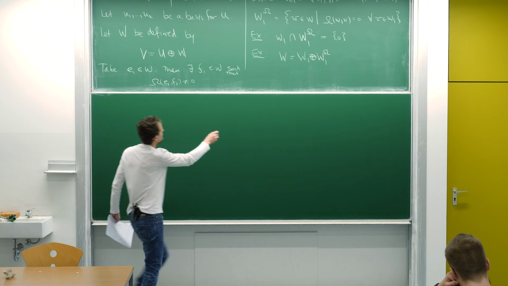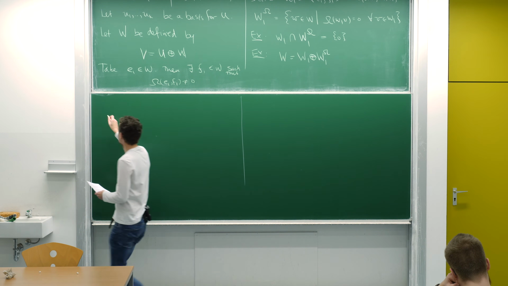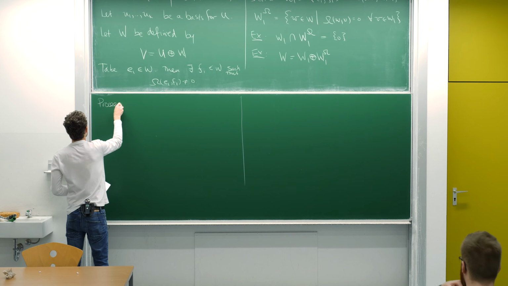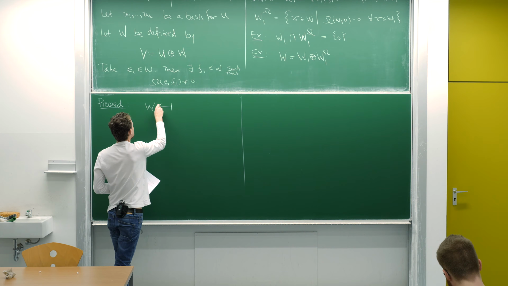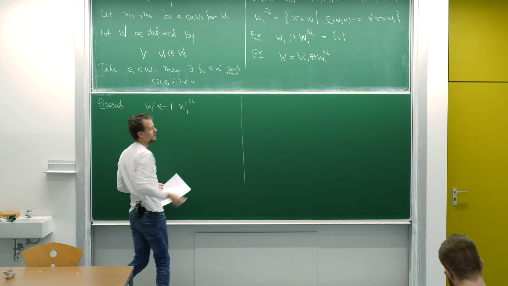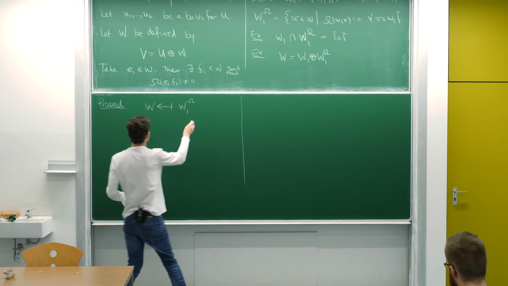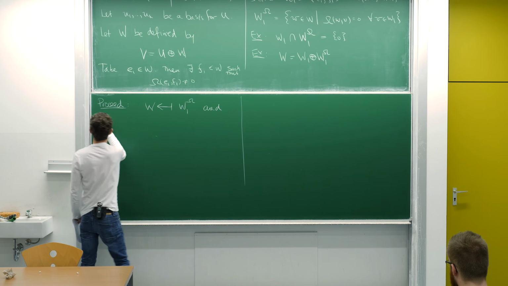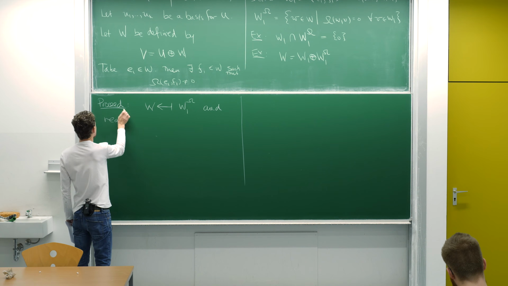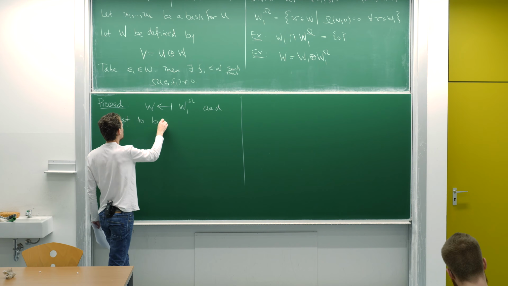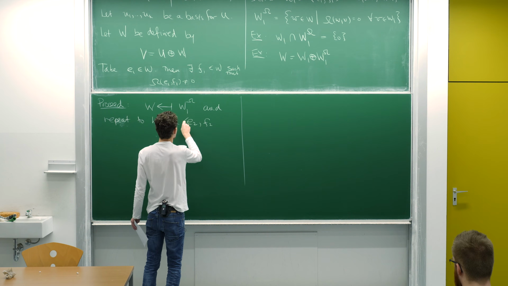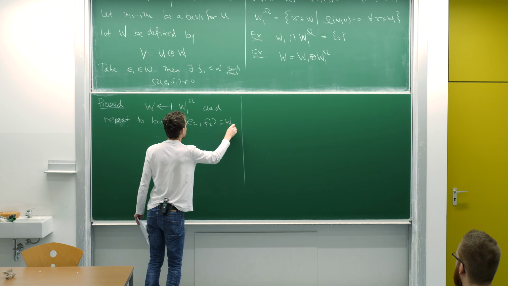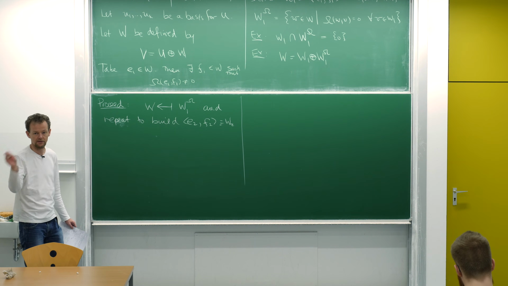Okay, so to proceed, by replacing W with W1 omega and repeat. And that allows you to build E2, F2, which we're going to call W2, and continue.